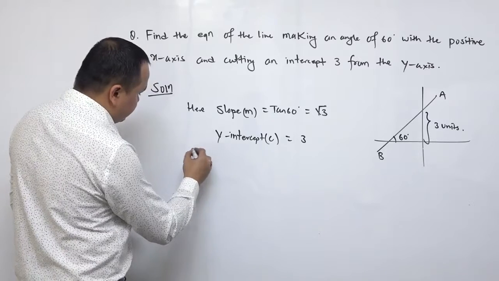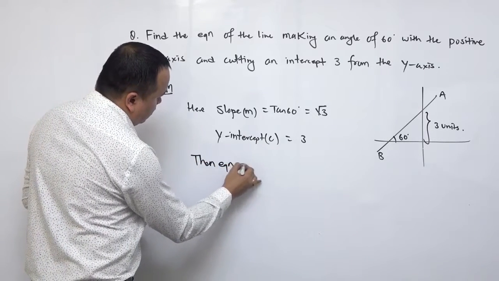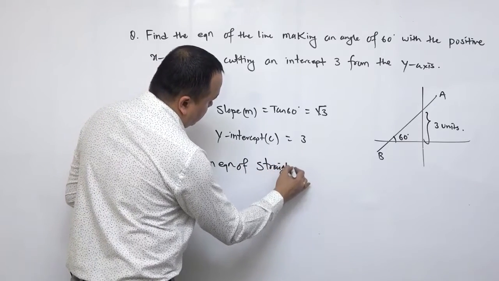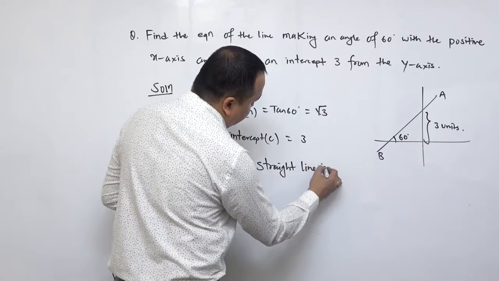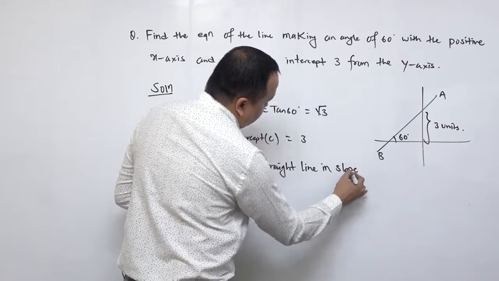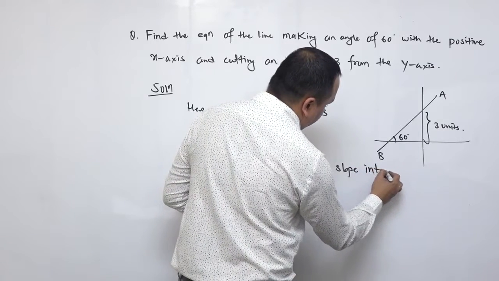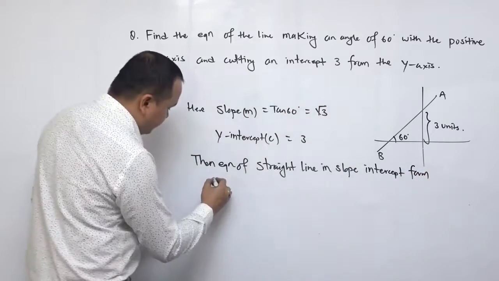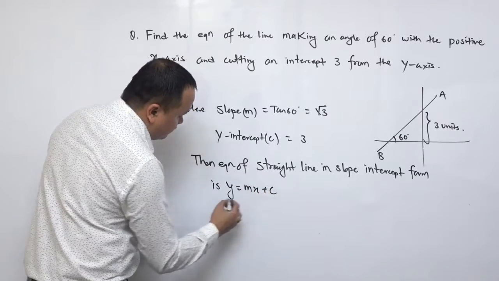Then the equation of the straight line in slope-intercept form is y is equal to mx plus c.